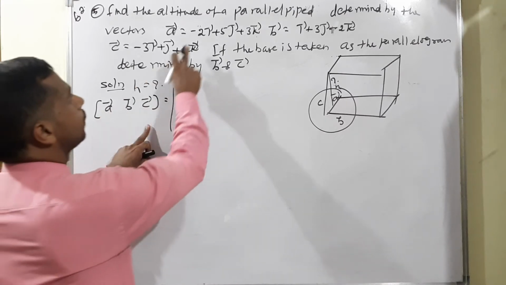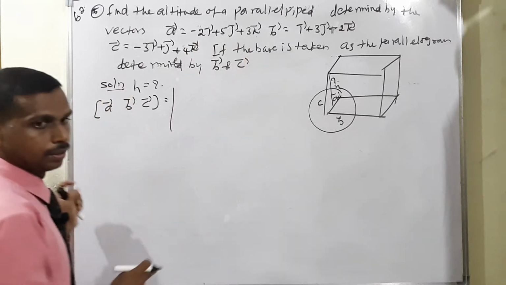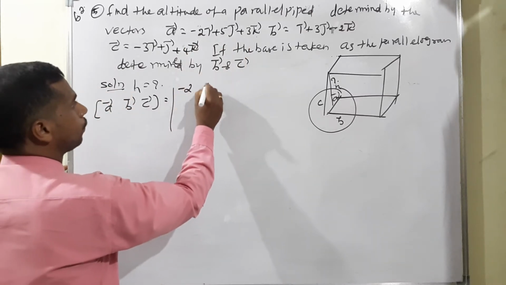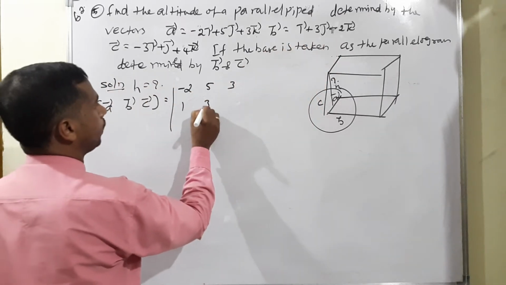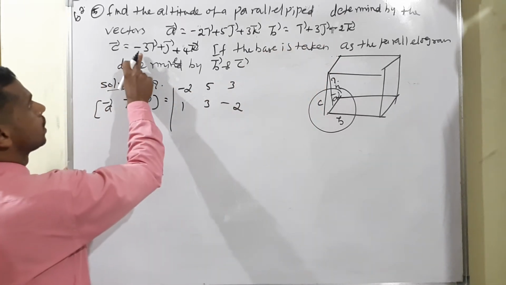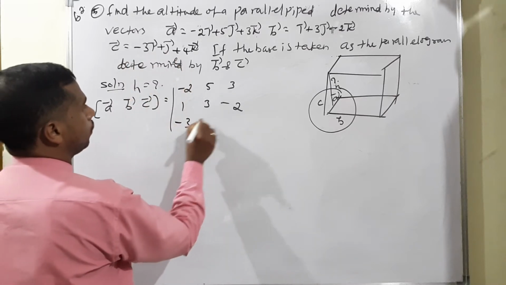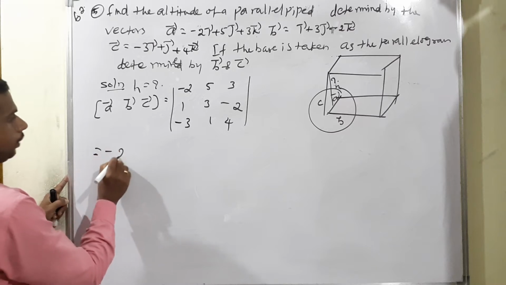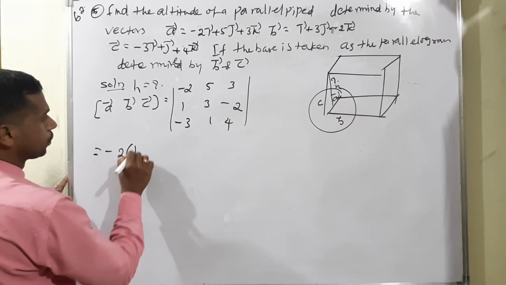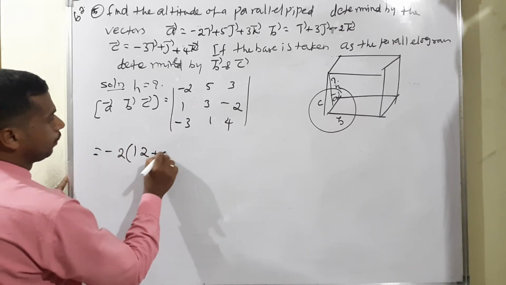Determinant means A vector is -2, 5, 3, isn't it? So -2, 5, 3. B vector is 1, 3, -2. C vector is -3, 1, 4. Now -2 times: 3 fours are 12, cross multiply means positive.